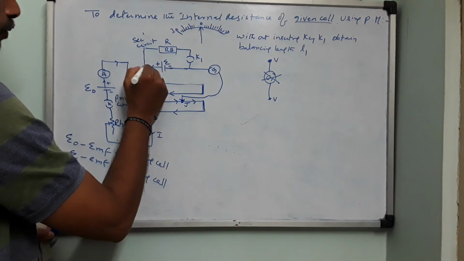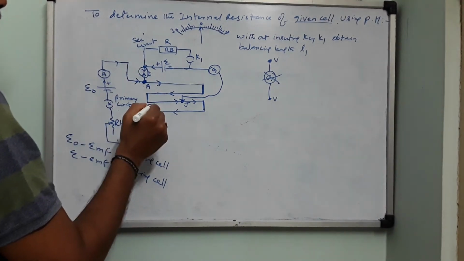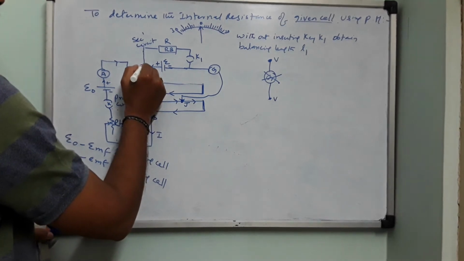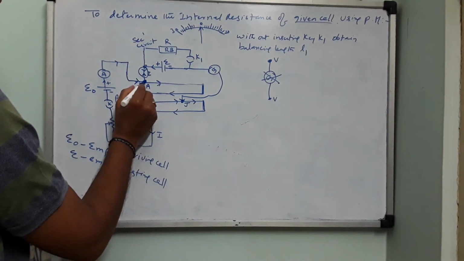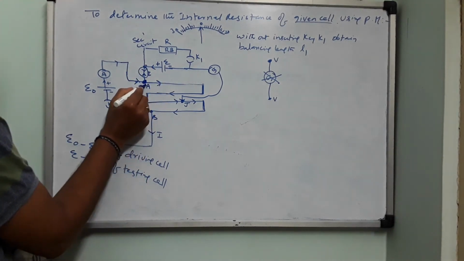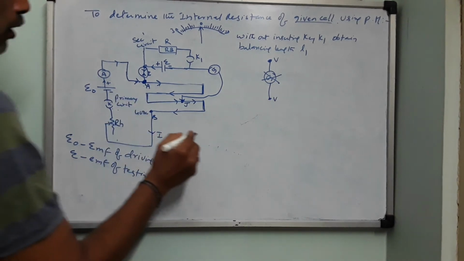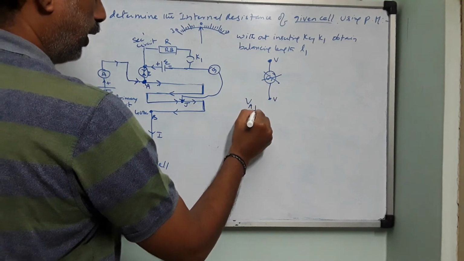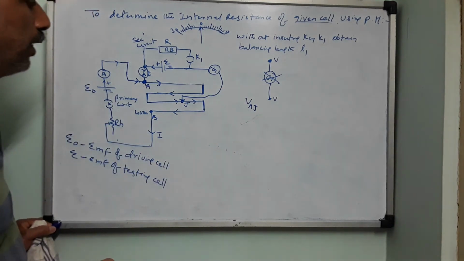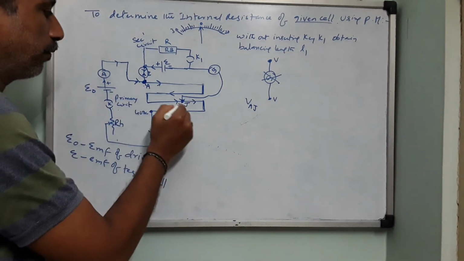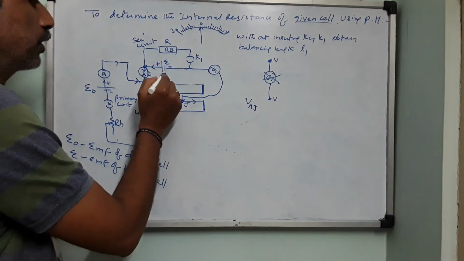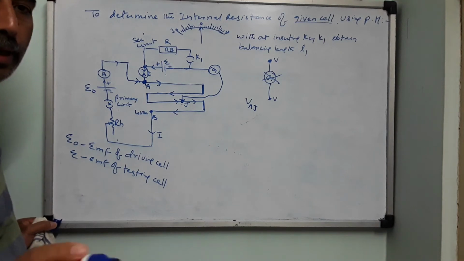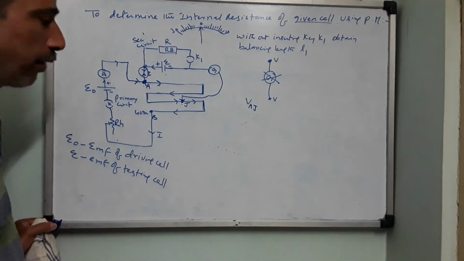So, this point. Let me call this as... where is this point? This point is nothing but A. So, VAJ, the potential difference between points A and J, must be equal to the EMF of the cell. Rather, let me tell you in another way.